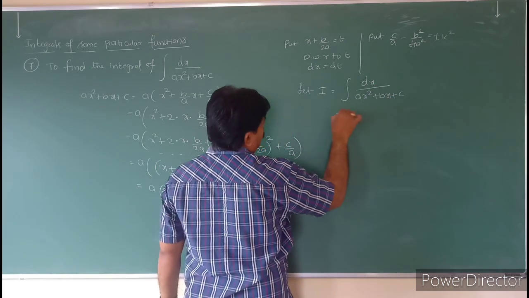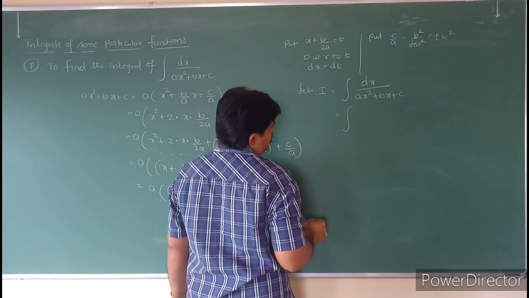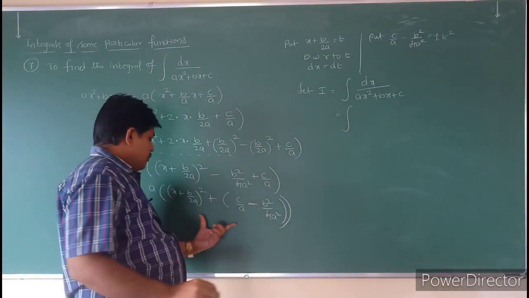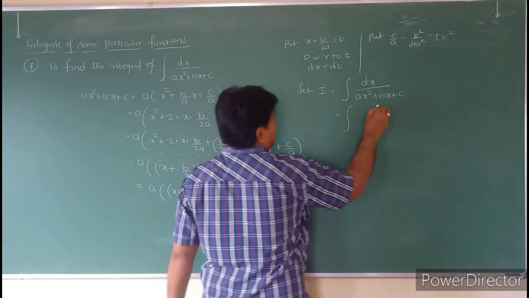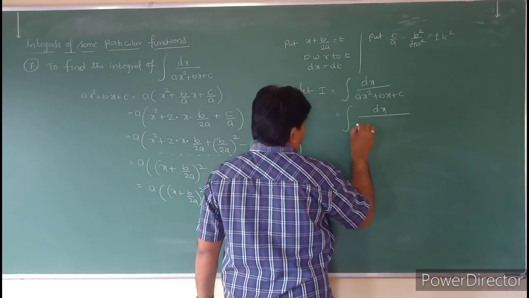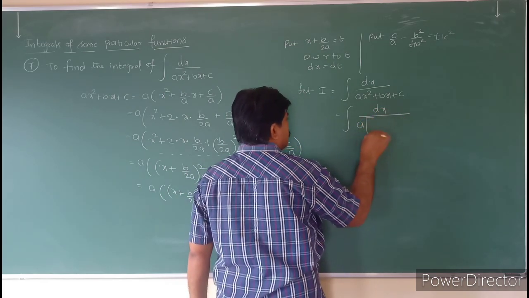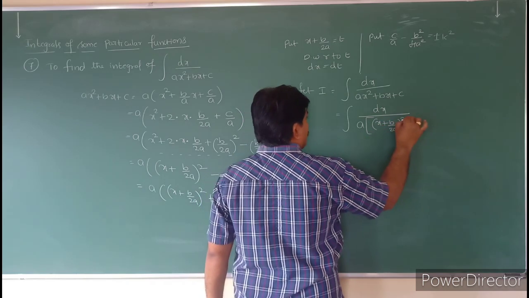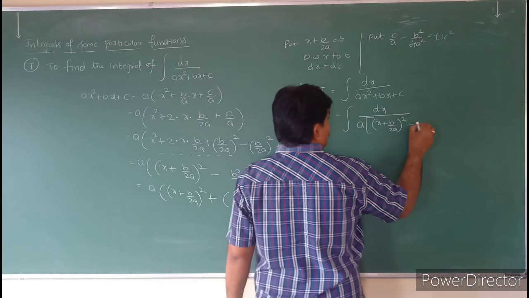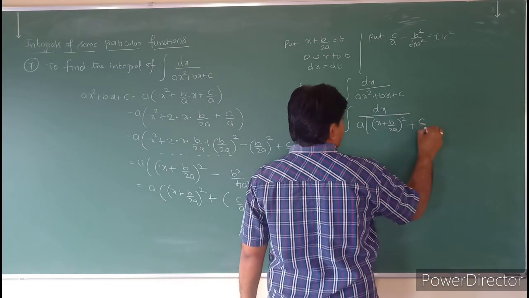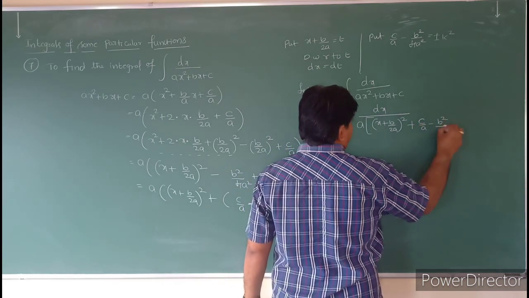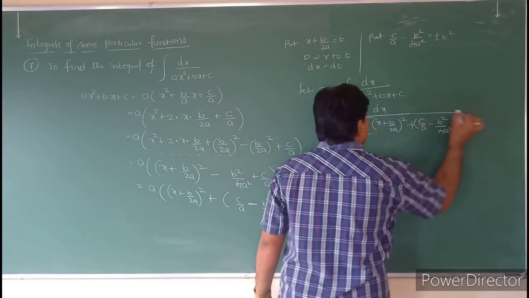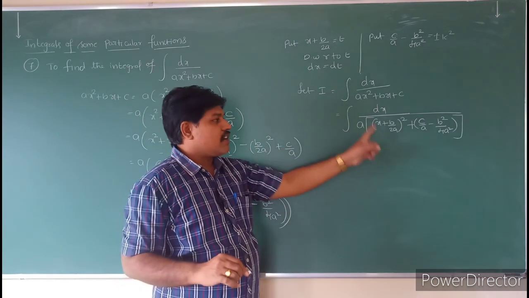It is converted into the form of integral of dx by a into x plus b by 2a whole square plus c by a minus b square by 4a square. So this integral is converted into this form.